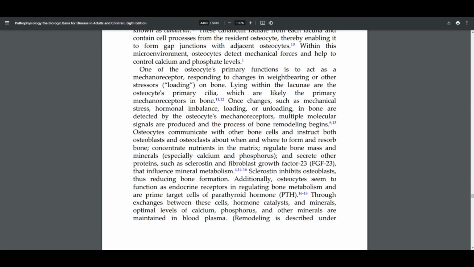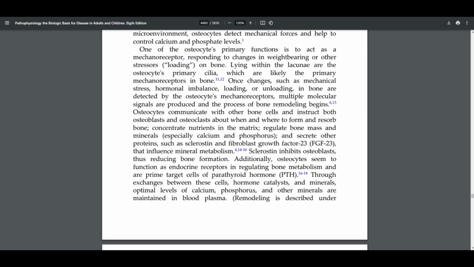Sclerostin inhibits osteoblasts, thus reducing bone formation. Additionally, osteocytes seem to function as endocrine receptors in regulating bone metabolism and are prime target cells of parathyroid hormone. Through exchanges between these cells, hormone catalysts, and minerals, optimal levels of calcium, phosphorus, and other minerals are maintained in blood plasma.